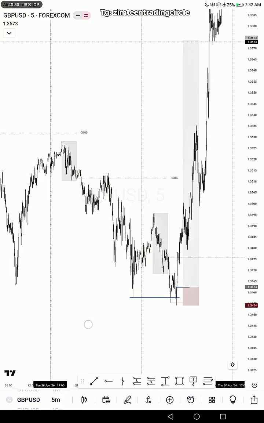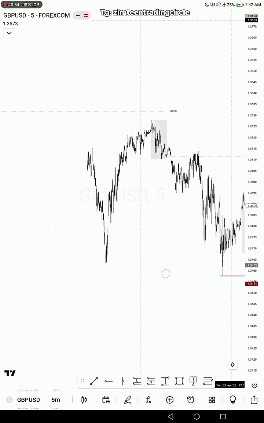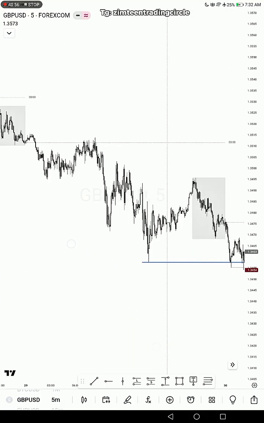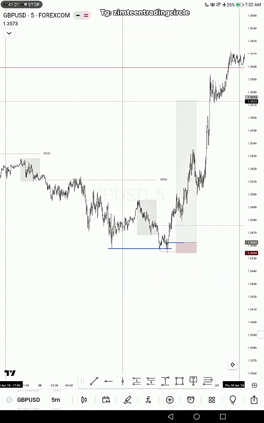Wednesday's high first, which is this one right here. You can see it clearly. It offered us a 52 pip take profit, and Tuesday's high offered us a 65 pip take profit.